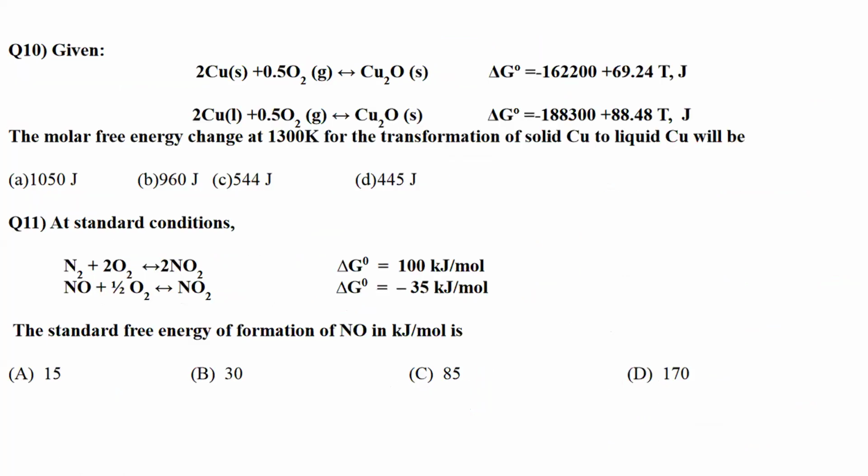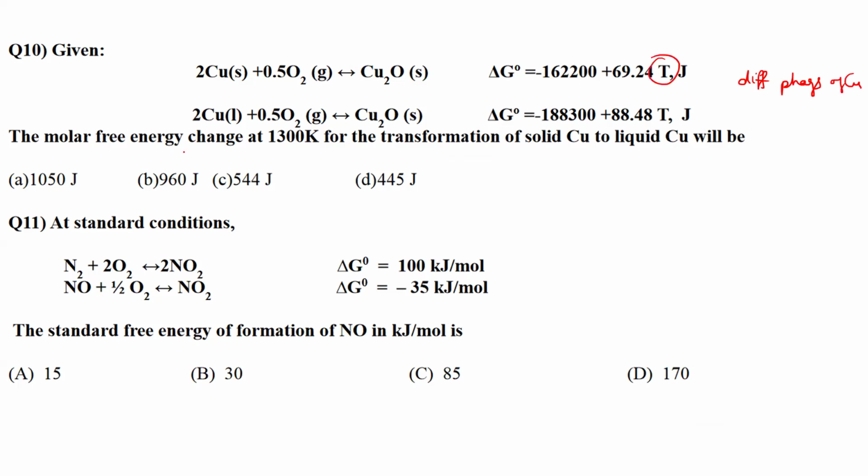Now we have 2 Cu solid plus 0.5 O2 gives Cu2O, and again the same Cu2O can be obtained as 2 Cu in liquid plus 0.5 O2 gas. So in different phases of Cu, different delta G naught is there as a function of temperature.